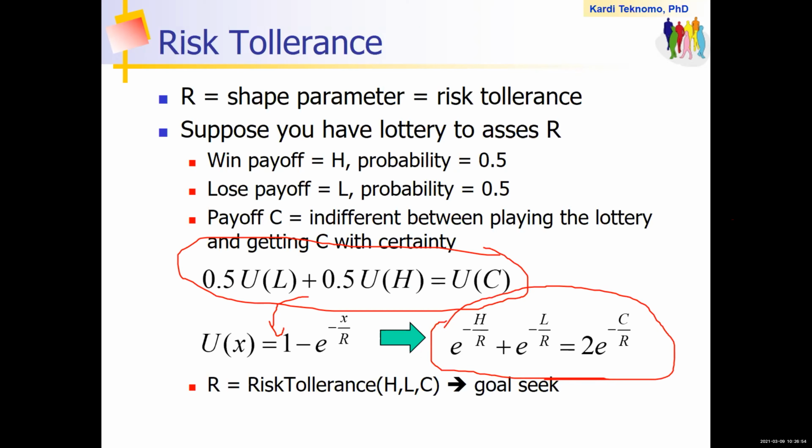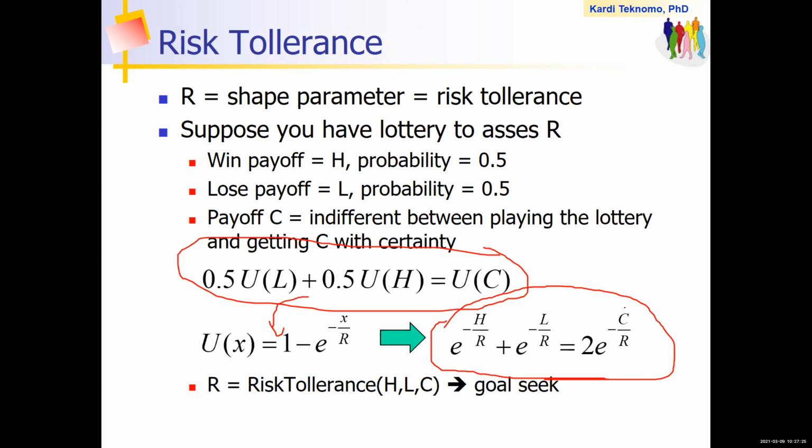Now using this equation, you can find the risk tolerance. In Excel, you can use Goal Seek. Please record the formula here. And then can you calculate the risk tolerance given the win payoff, the lose payoff and the indifferent payoff?